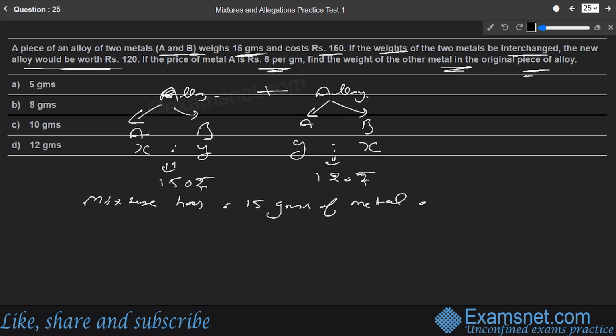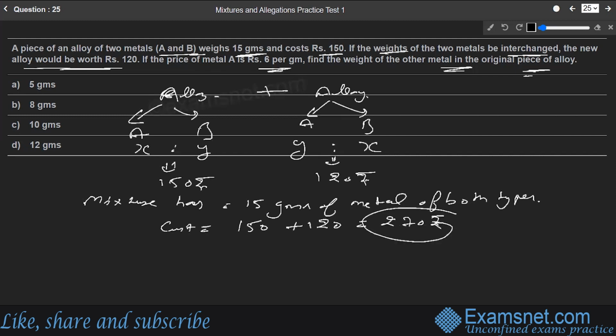The cost will be 150, the cost of the first one, and 120, the cost of the next one. So the total cost becomes 270 rupees, the cost of that piece of alloy formed by mixing these two types of alloys.